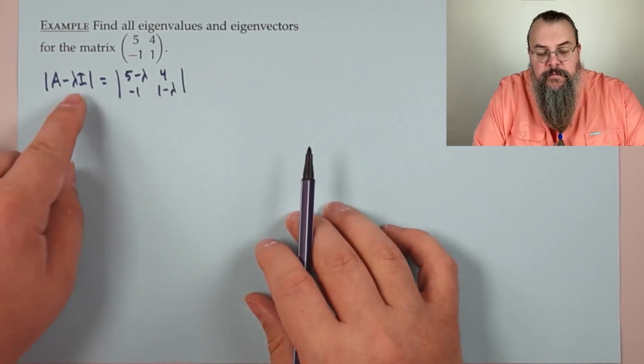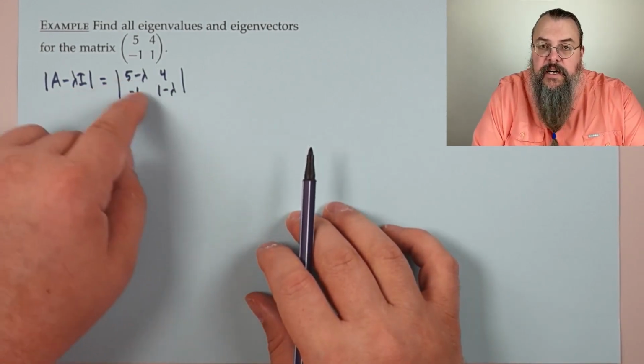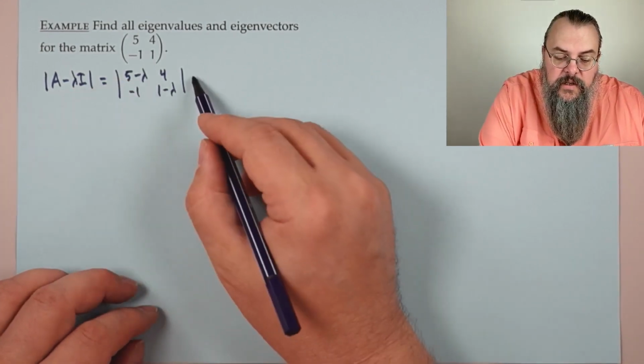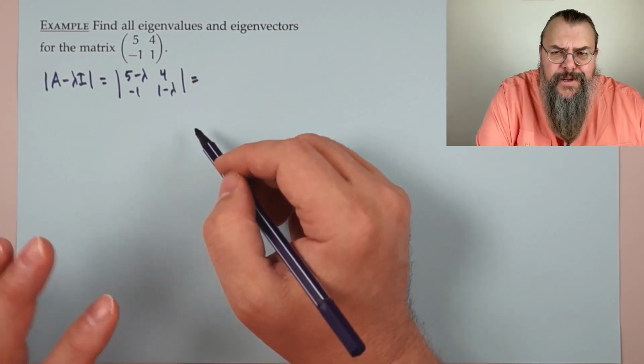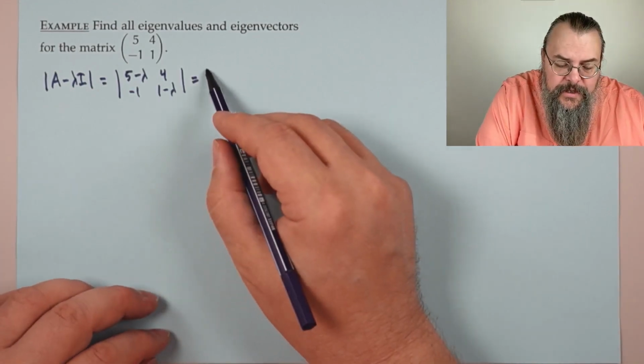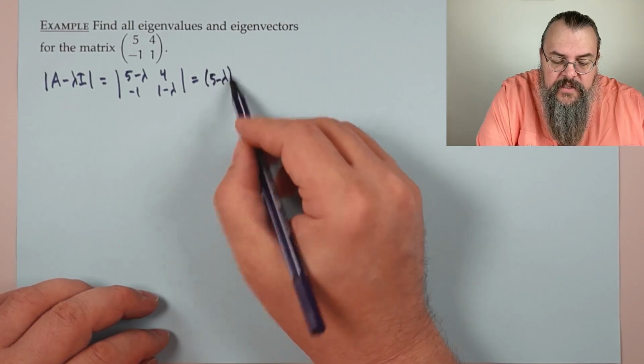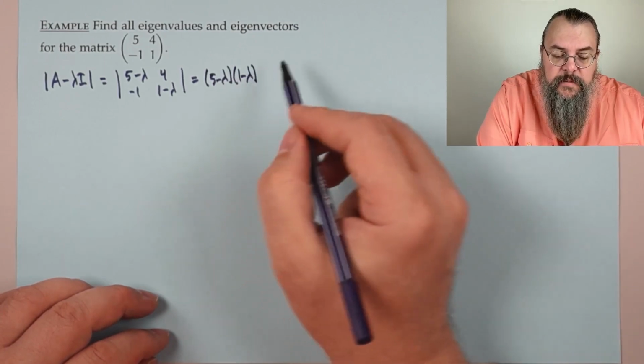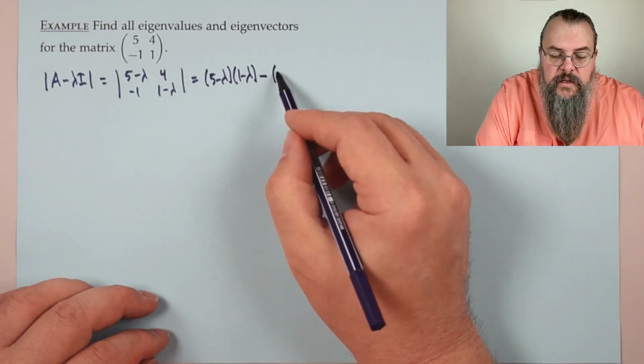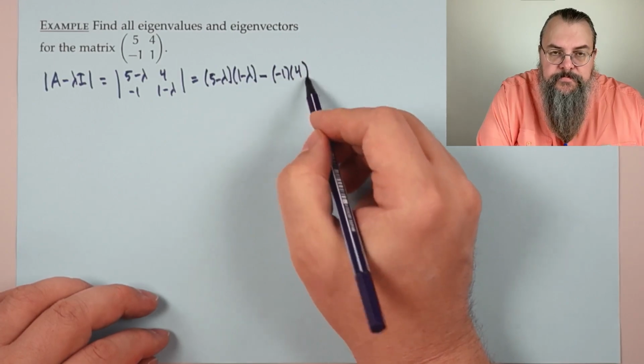Again, minus lambda I just says subtract lambda off the diagonals. So 2 by 2 determinants. We've done these before. We're not too worried by these. 5 minus lambda times 1 minus lambda, subtract minus 1 times 4.